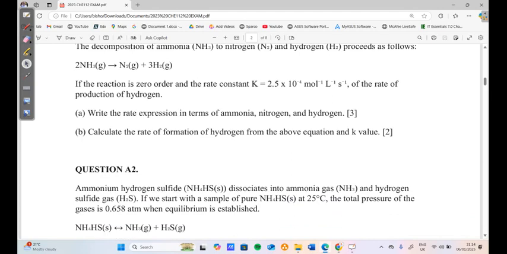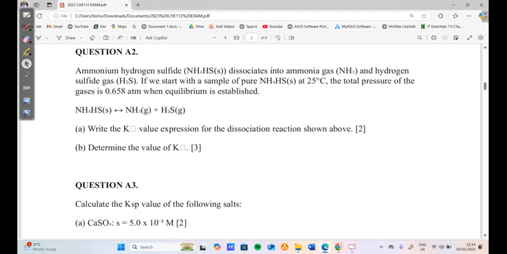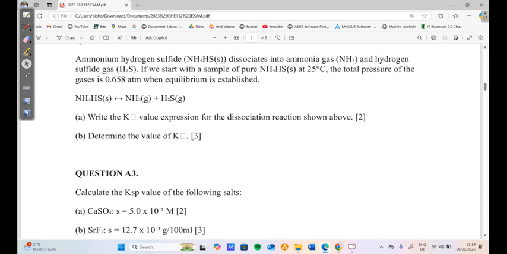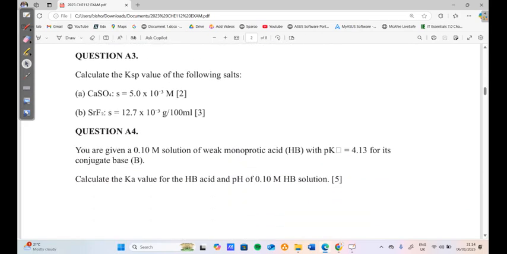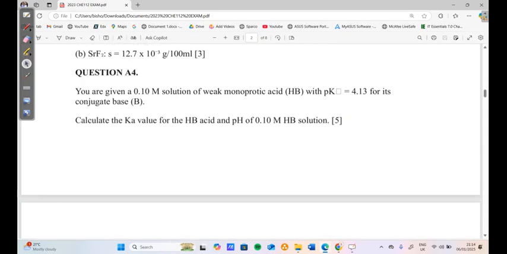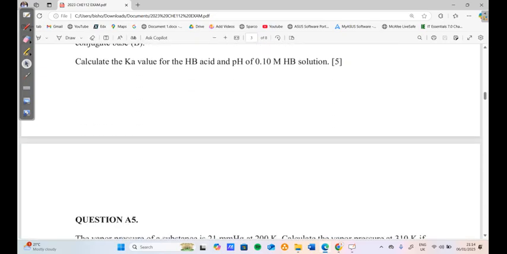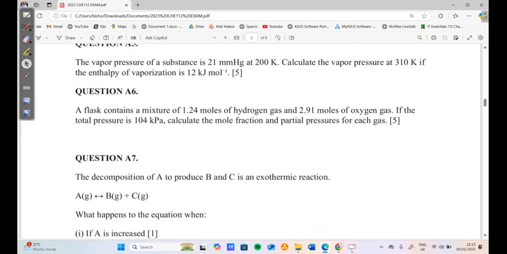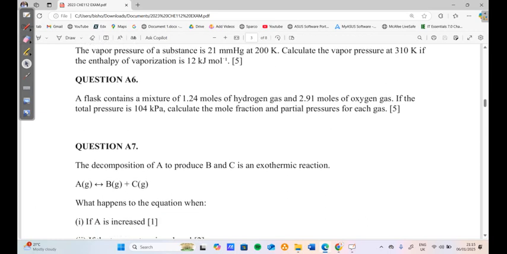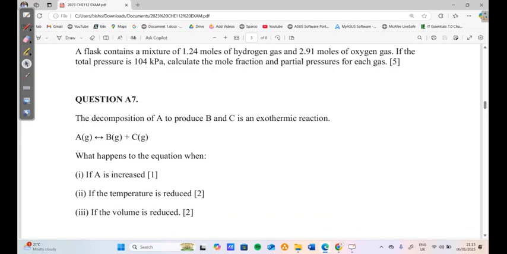very, very important. Of course, if you check on the next one, this is coming from chemical equilibrium, which we'll also talk about. F3 is coming from solubility equilibrium. Ka, this is also coming from acid base equilibrium. F5, that's also coming from phase equilibrium. More fraction, partial pressures, so that's also phase.